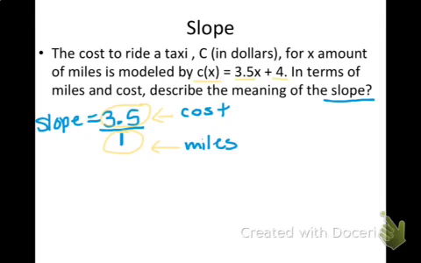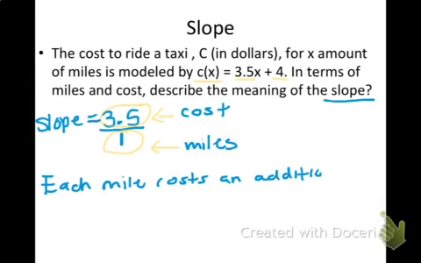If we were to get specific with the cost, I can write it like this: each mile costs an additional $3.50. That's all that the slope really means. For each 1 mile, it costs you an additional $3.50.